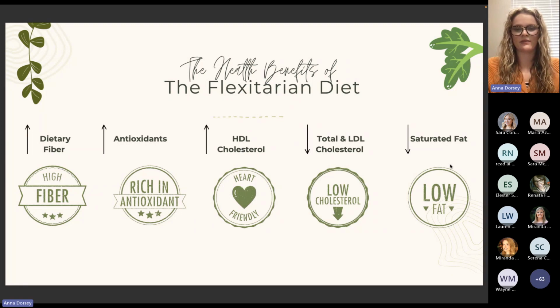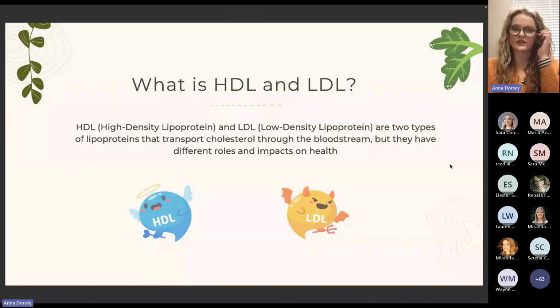So let's talk a little bit more about HDL cholesterol and LDL cholesterol. They are two types of lipoproteins, and they work by transporting cholesterol through the bloodstream. But HDL cholesterol is often referred to as our good cholesterol, while our LDL cholesterol or lipoproteins are known as our bad cholesterol.